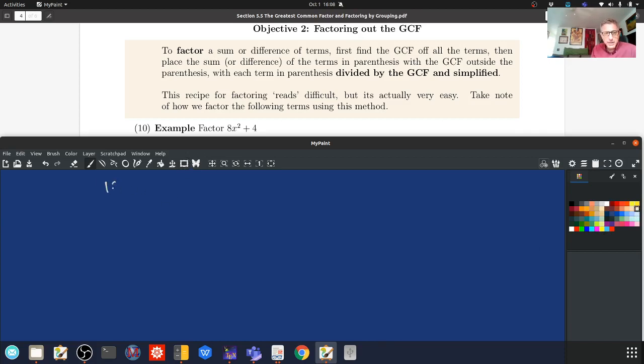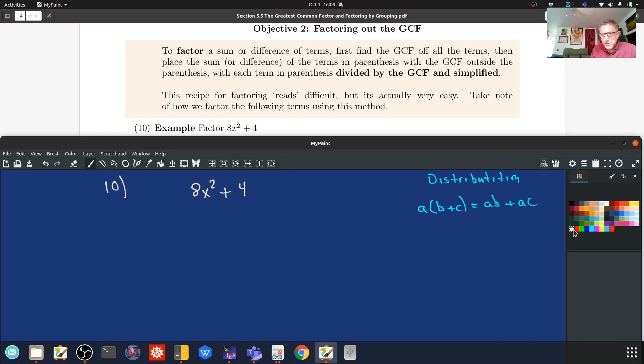So this is example 10. We're going to factor out the GCF of 8x squared plus 4. And what is factoring? Let's review really fast the distributive property, or distribution. If I have A and I multiply it by B plus C, that gives me AB plus AC.